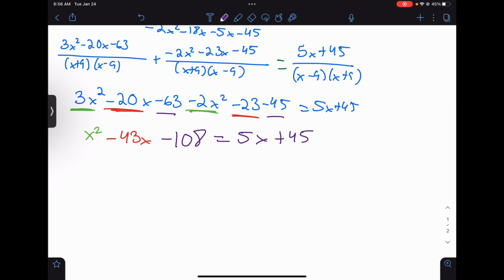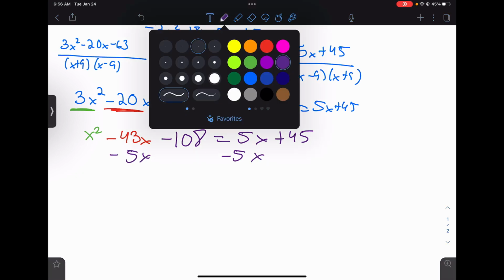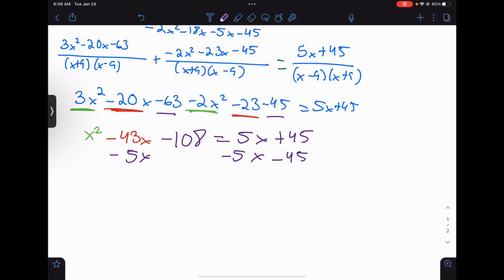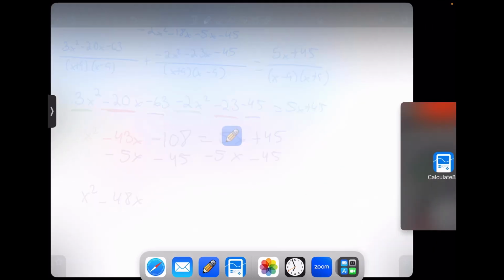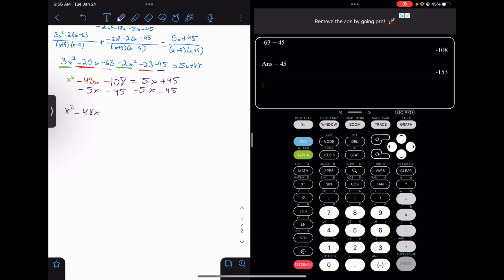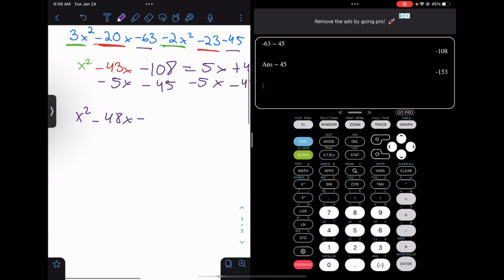So now it's a quadratic, so of course we want to get everything on the same side. So we're going to do minus 5x, and then minus 45. So we get x squared minus 48x, and then negative 108 minus 45 gives us negative 153.